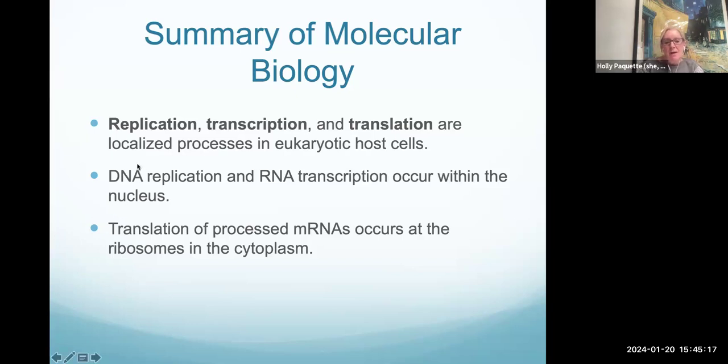So DNA replication and that RNA transcription are always going to occur in the nucleus, and that's because that's where the DNA is located in a cell. And you guys should have known that from earlier in this week of the things that we already covered. The translation, though, will take place at a different place than the nucleus. This will take place at ribosomes. And remember, ribosomes can either be found in the cytoplasm or they can be found attached to the rough endoplasmic reticulum that's also in the cytoplasm.